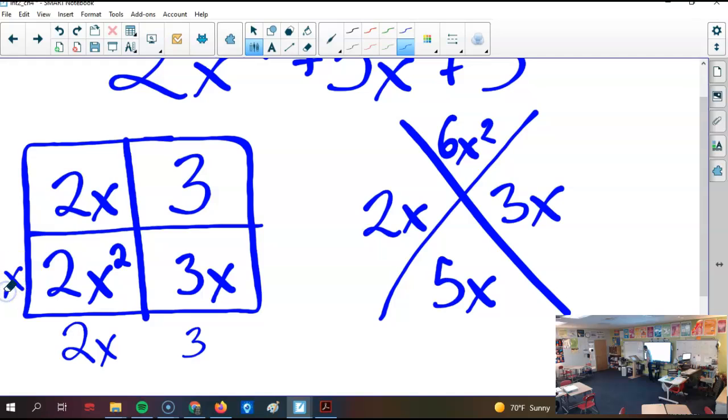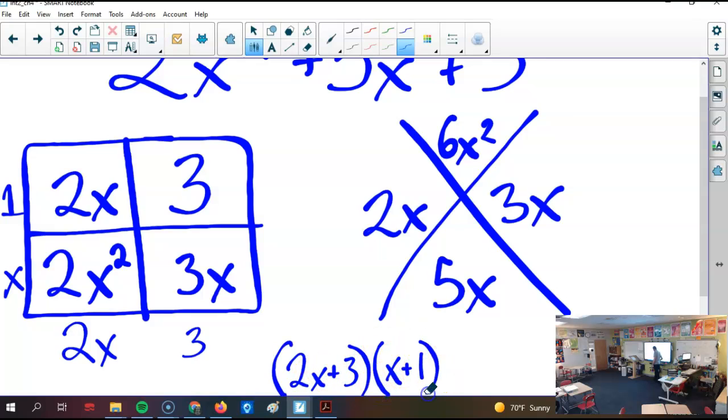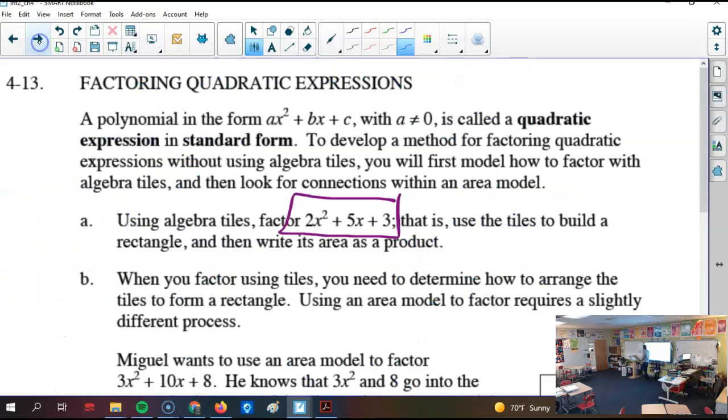We don't really want to change anything, so we just have x and 1. So, 2x plus 3, x plus 1. All right. That seemed a little too simple.